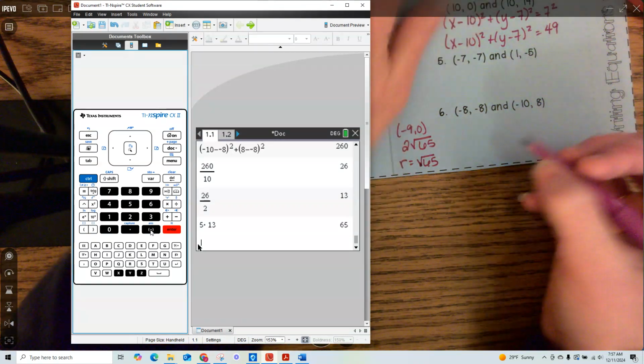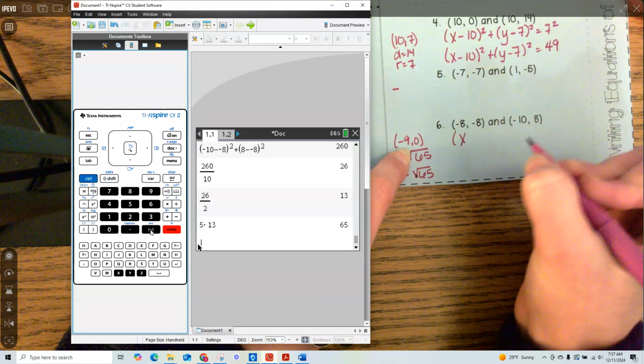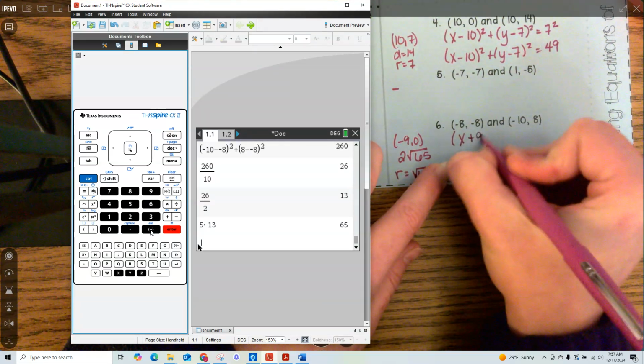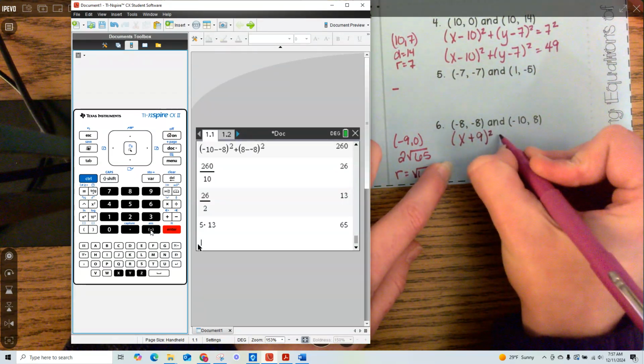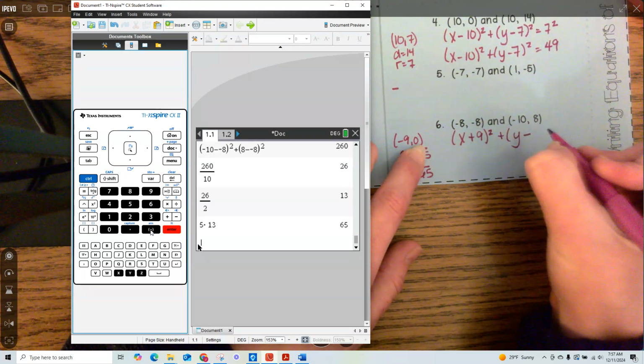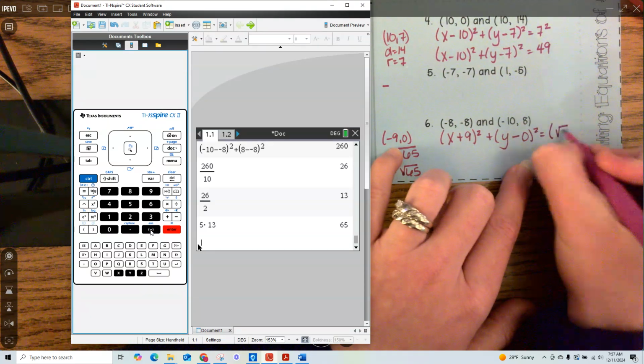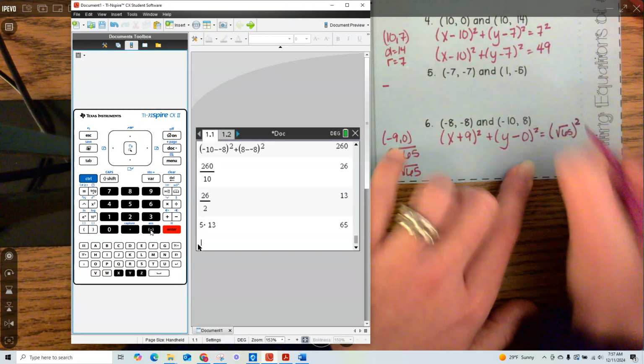So when I write this one, x minus a negative 9 would be plus 9. Plus y minus the center y, 0, equals the square root of 65, squared.